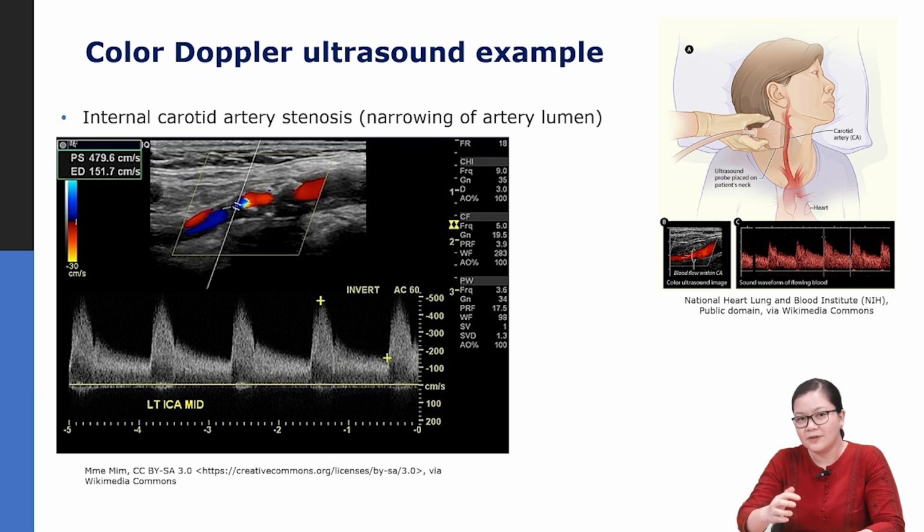Therefore, color Doppler shows a reversal of flow as well as a forward motion of the flow. You can also see in the spectral Doppler that there are some negative flow components indicating flow reversal, in addition to the positive flow. So this is just one example.